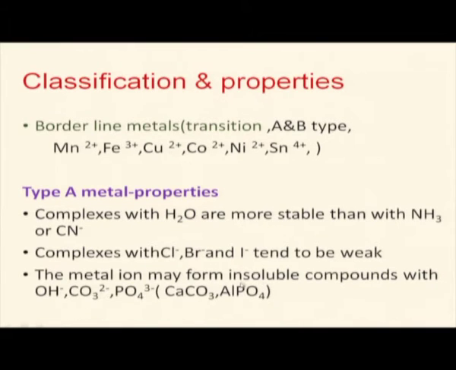Similarly, phosphate is a problem, and phosphate can be removed by forming insoluble compounds such as calcium phosphate or aluminum phosphate. In fact, as I told you before, in the halogen series, complex formation with type A metals is weak for iodide. It forms a stronger complex with fluoride compared to iodide.